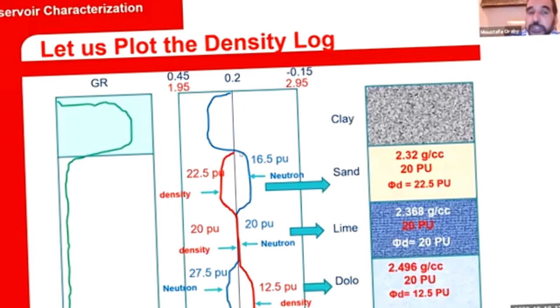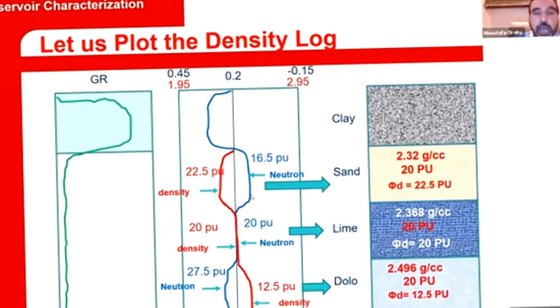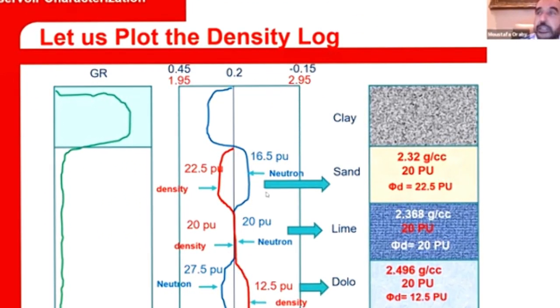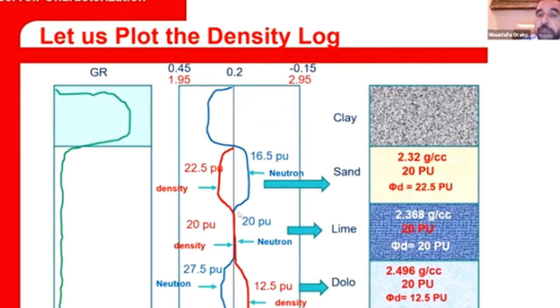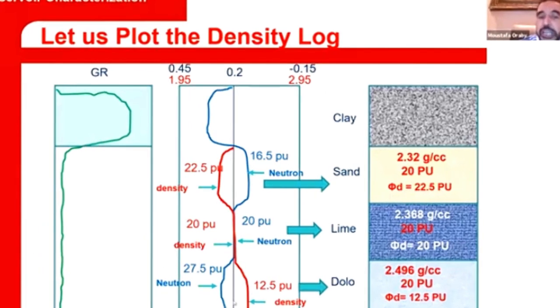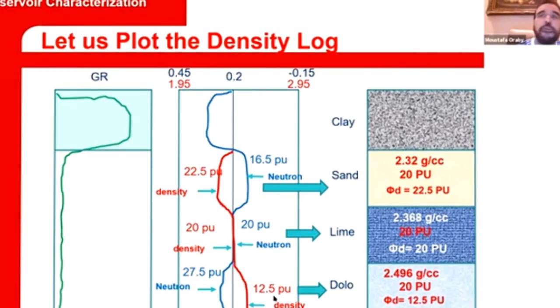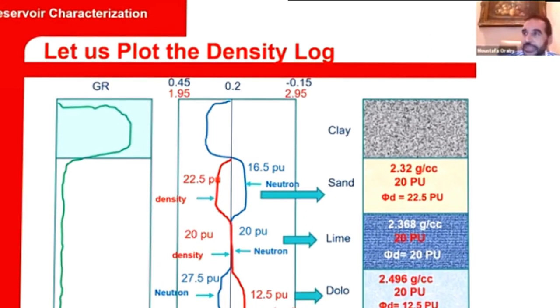So when I see separation between neutron and density, my density is to the left and my neutron is to the right, stamp on it, it's a sandstone. When I see them overlaying, put a limestone stamp. When I see them separating like neutron to the left and the density to the right, that's a dolomite stamp. Everybody understand that?